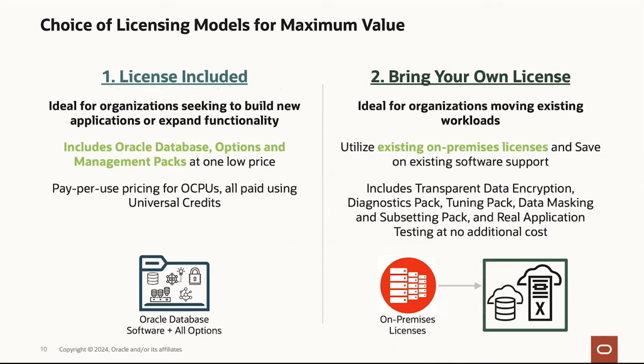So this subscription model is best for customers without sufficient existing Oracle database licenses who want to build new applications, or for customers who want to use Oracle database features beyond what they're currently licensed to use. So you're able to experience innovative Oracle database features and elastic OCPU metering that might have been previously too expensive to achieve with on-premises licensing models.